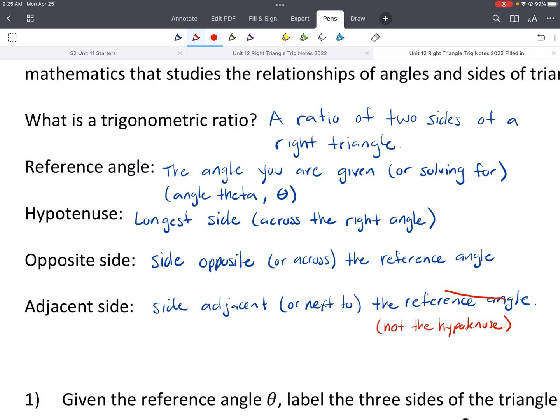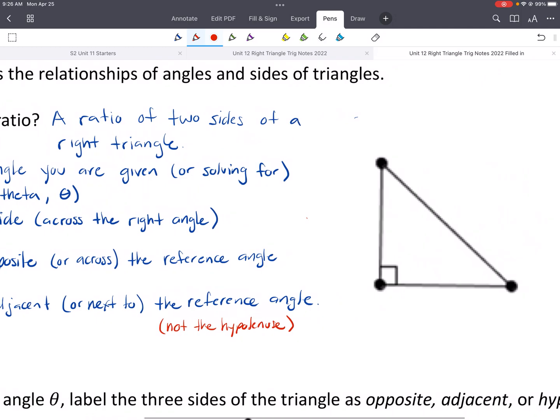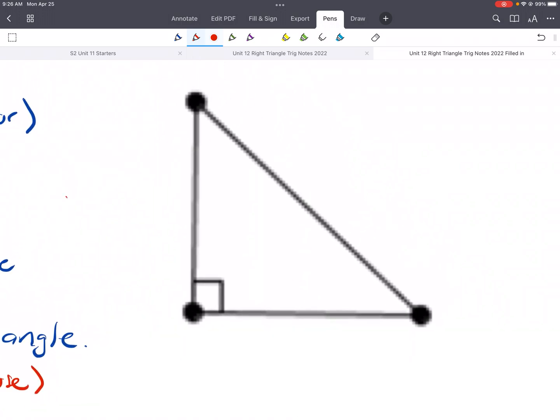The reference angle is the angle that we are given or we're trying to find. We use a special variable when we use angles. Most of the time, we'll use what's called theta.